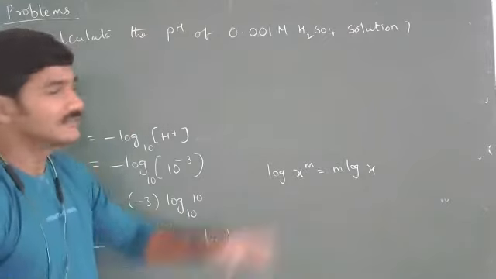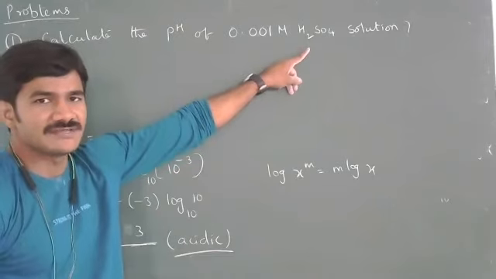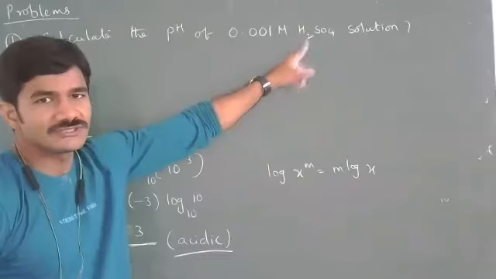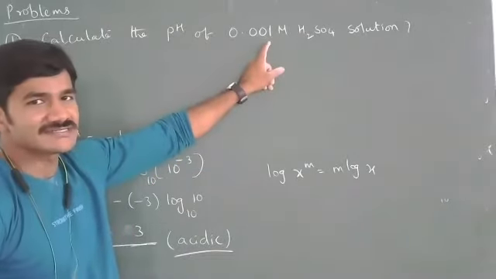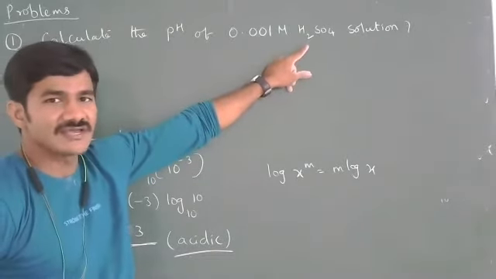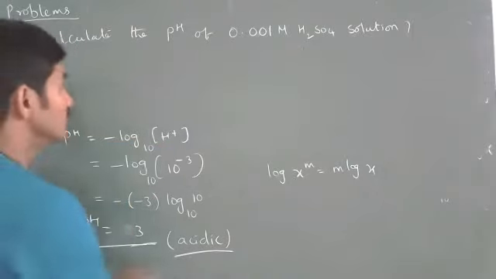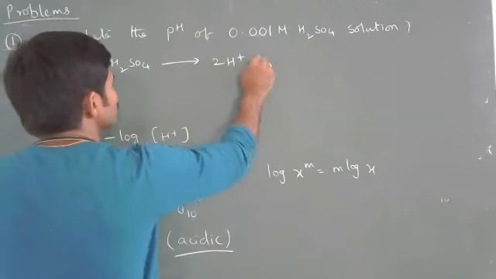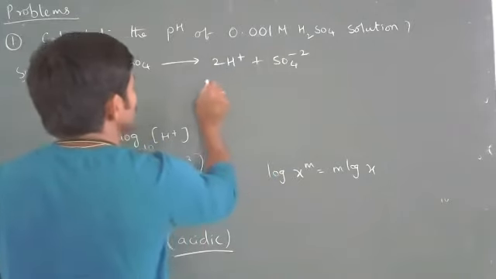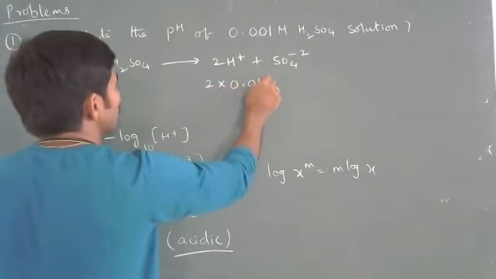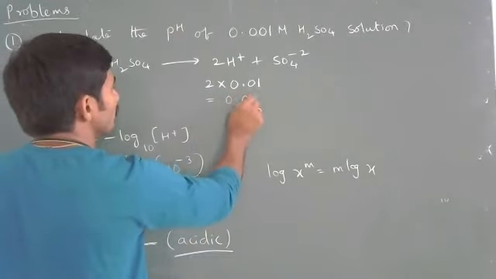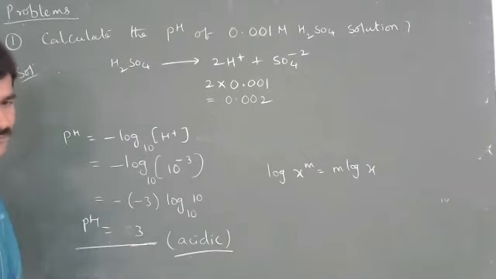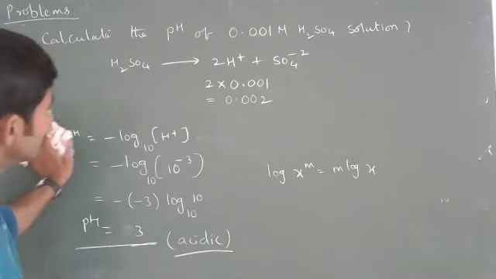In this problem, it is given sulfuric acid. Sulfuric acid has 2 hydrogens. So the given concentration should be multiplied with 2 hydrogens. Don't take this concentration directly as H plus, because the given acid is a strong acid, sulfuric acid, and 2 H plus are there. We have to remember that H2SO4 dissociates into 2H plus plus SO4 minus 2. So we multiply the given concentration 0.01 by 2, which is 0.02.